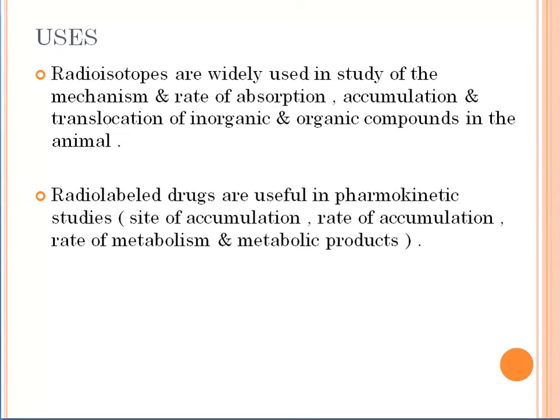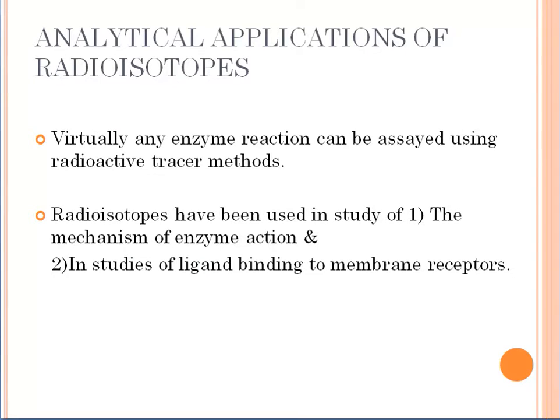Radioisotopes are widely used in the study of the mechanism and rate of distribution, absorption, accumulation, and translocation of inorganic or organic compounds in the animal. In analytical applications, virtually any enzyme reaction can be assayed using radioactive tracer methods.